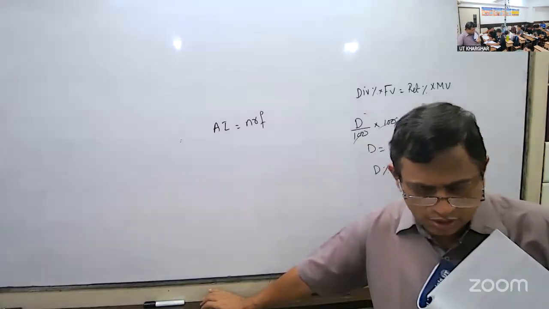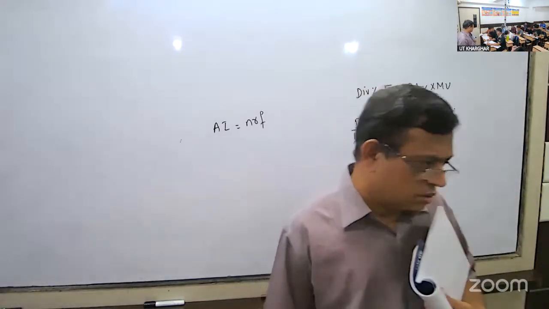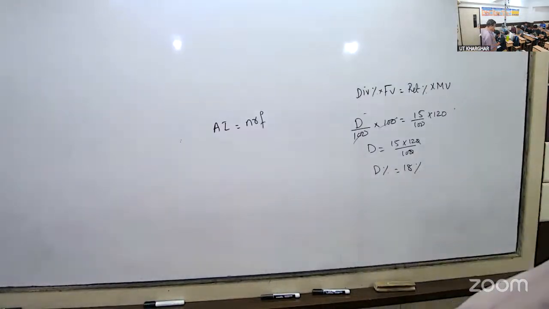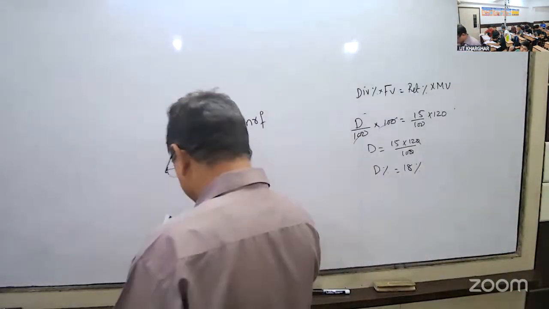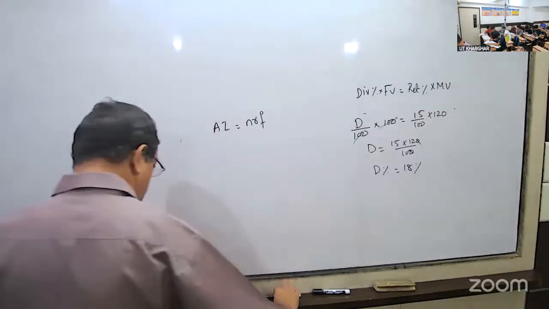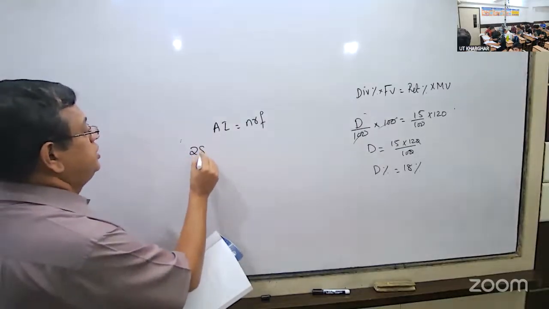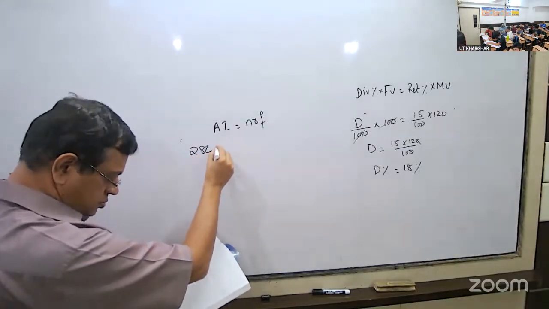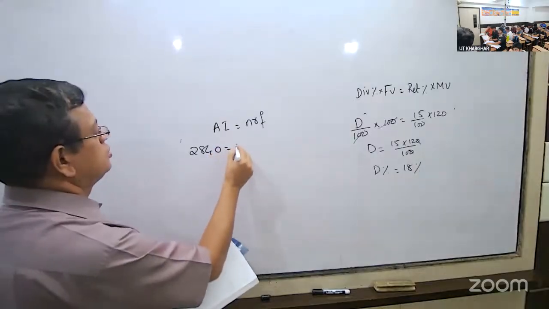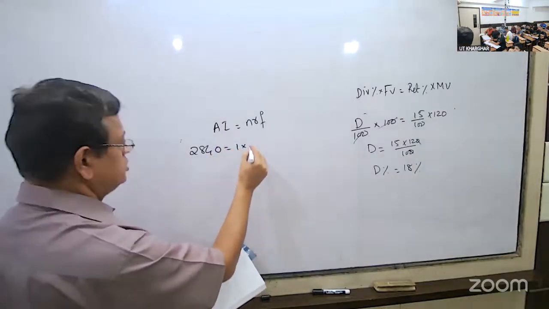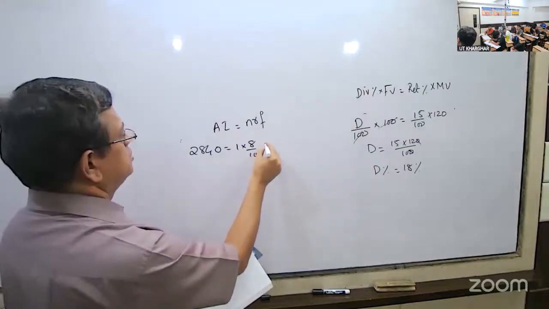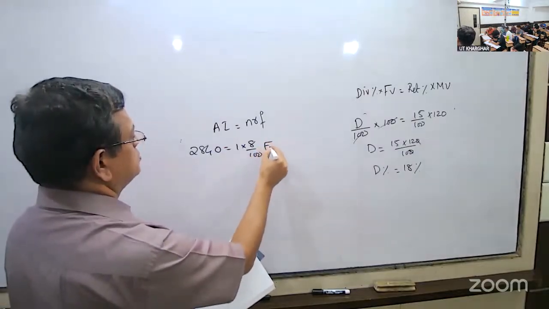35,000. 35,000, 33,000. What is it? 35,500. Different. Why different answers coming? 2840, no? Yes or no? Is equal to 1 into rate of dividend is how much? 8. 500 into face value.